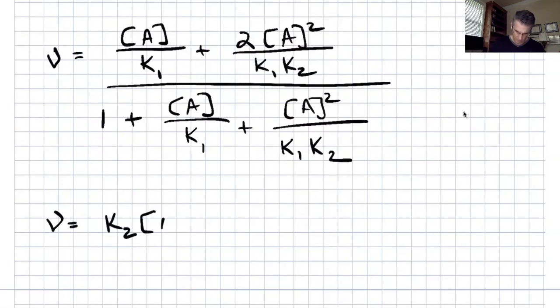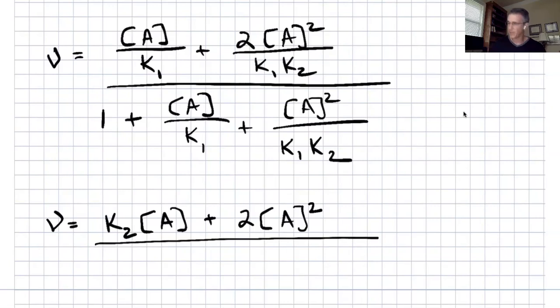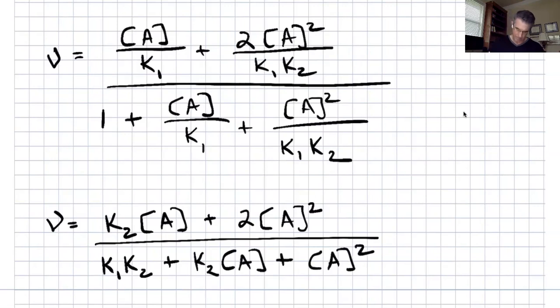K2 times the concentration of A plus 2 times the concentration of A squared, divided by K1, K2 plus K2 times the concentration of A plus the concentration of A squared.